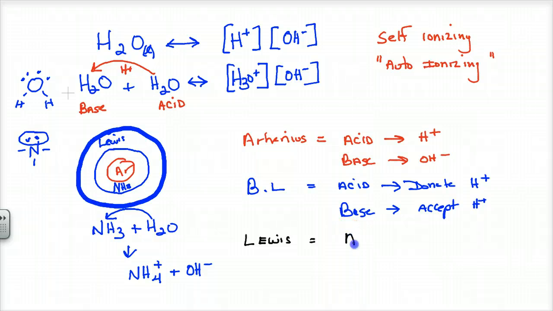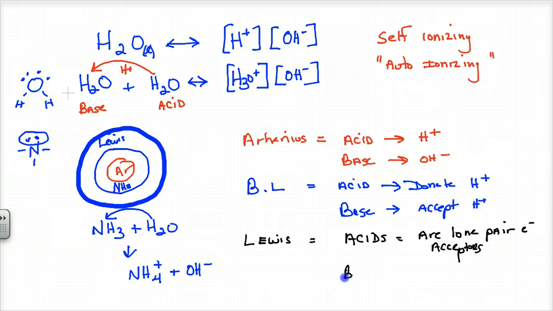So Lewis acids, if you remember, are lone pair electron acceptors. Whereas Lewis bases are, just like you said, lone pair of electron donors. And there are plenty of examples of that in our chemistry.